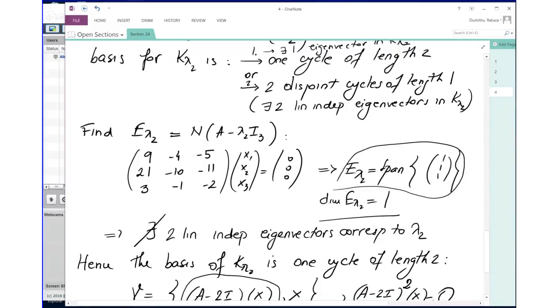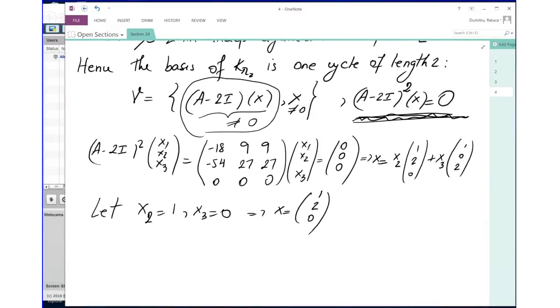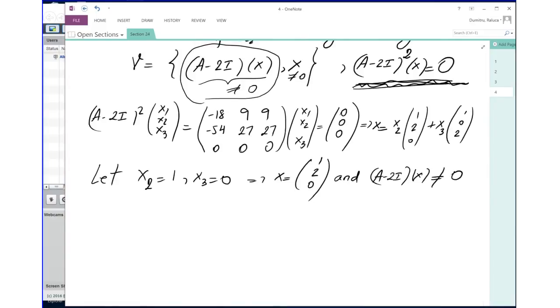So as long as I don't make a choice of x that is in the span of (1, 1, 1), I should be fine. So this one is clearly not. You can check that (A minus 2 identity) of x is not going to give you the 0 vector. Okay, so almost done.